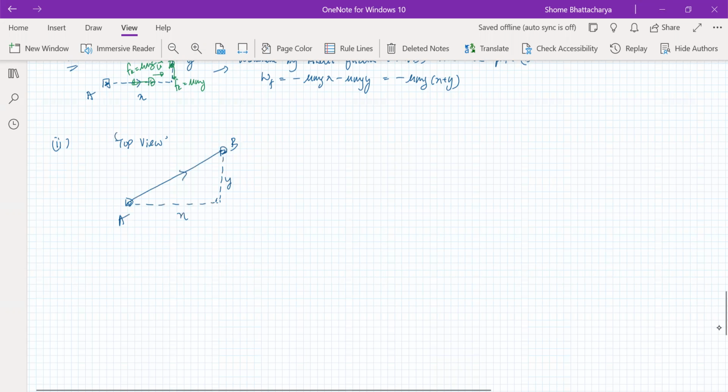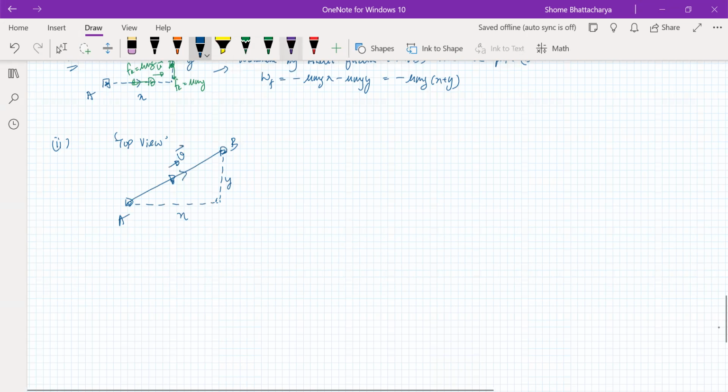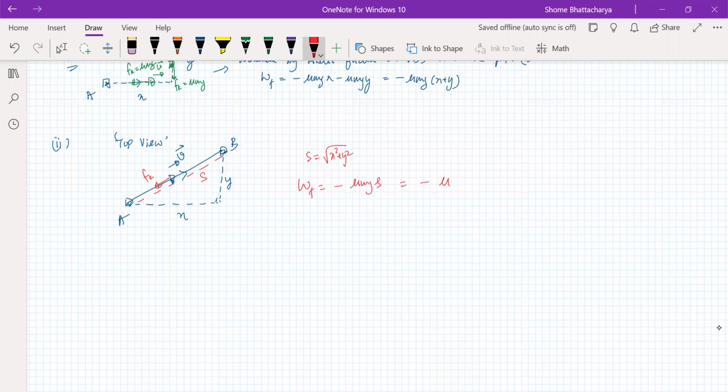This time, as the body is moving along this path, its velocity at any instant is like this. But what about the direction of the friction? The direction of friction is along the hypotenuse in the opposite direction. So if this displacement is s, what will be the work done by friction? It will be minus mu mg s, or minus mu mg root of x square plus y square, for the second path.